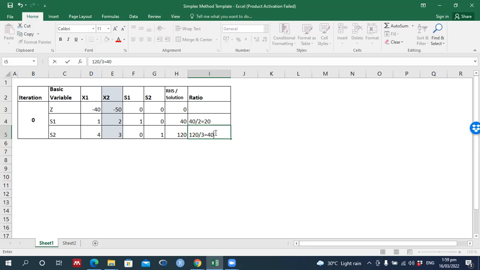That's 40, right? Okay. So after you compute the ratios for each of the rows, the next thing is to identify the row with the smallest positive value. And that row will become your pivot row.